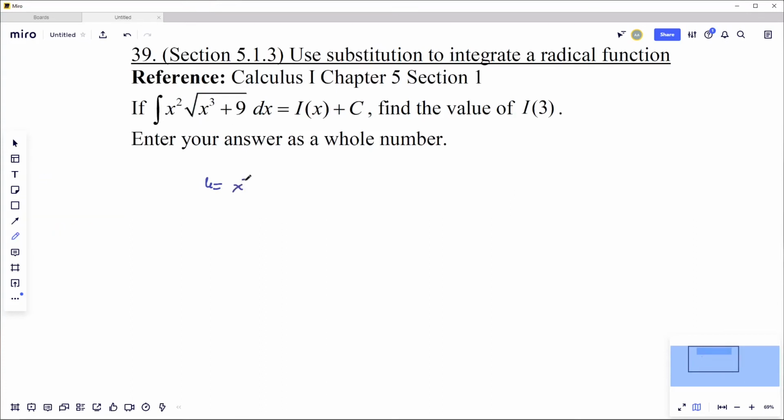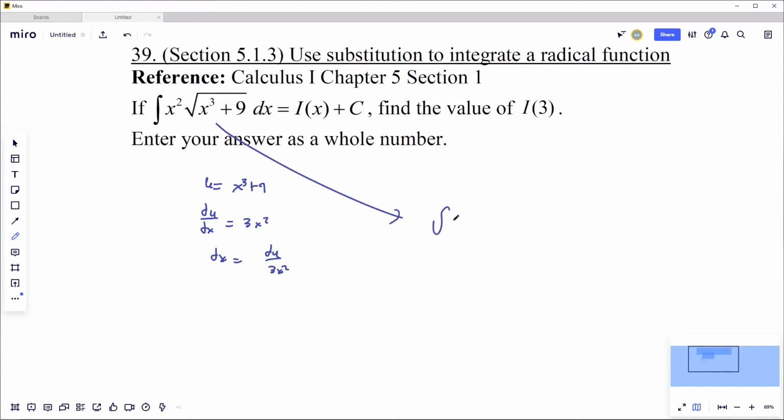So you pick x cubed plus 9. So du over dx, you get 3x squared. Rearrange dx, and here du, so du over 3x squared. And let's go back to the equation itself.